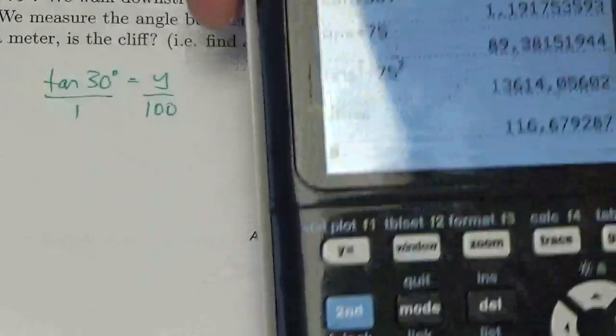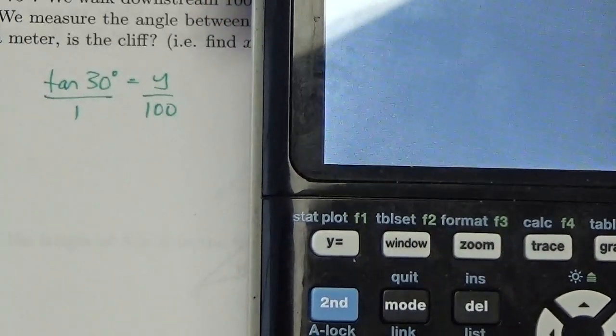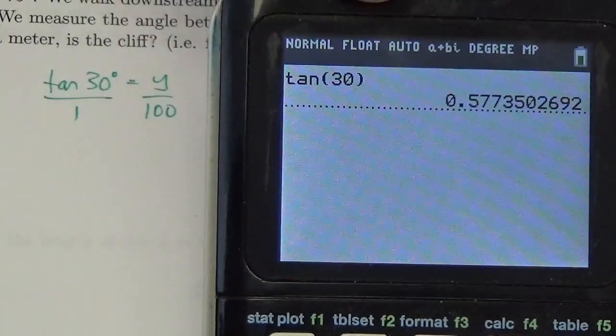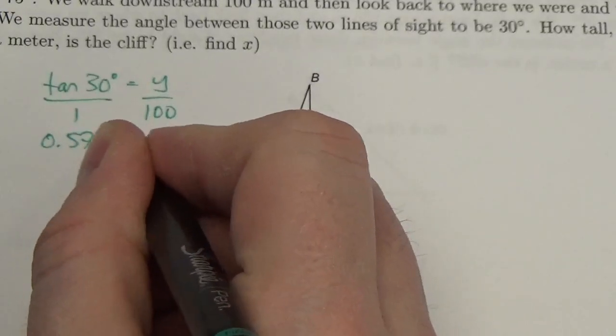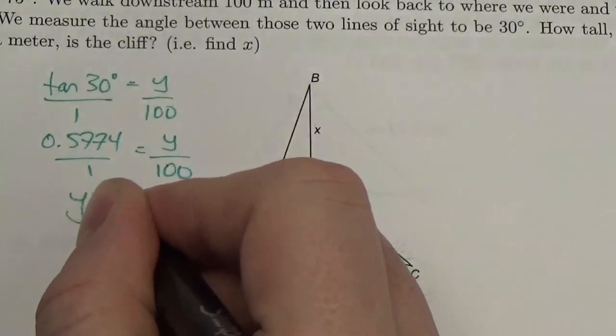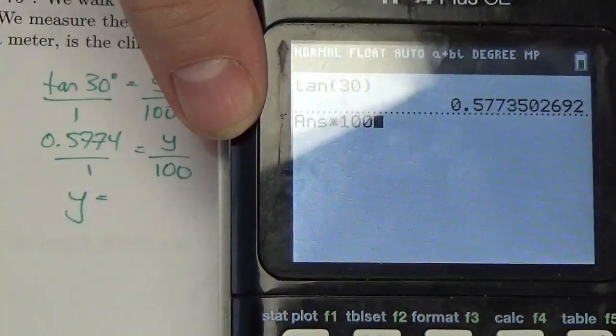The calculator will tell me that the tangent of 30 degrees is 0.5774. Make that over 1. And when I cross multiply there, I'm just going to end up multiplying that by 100.